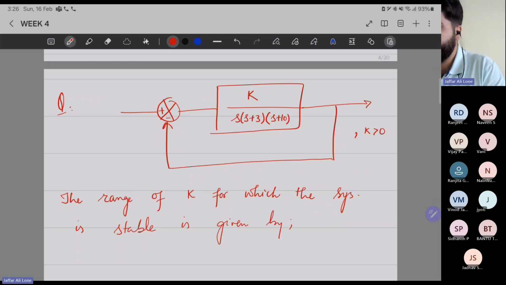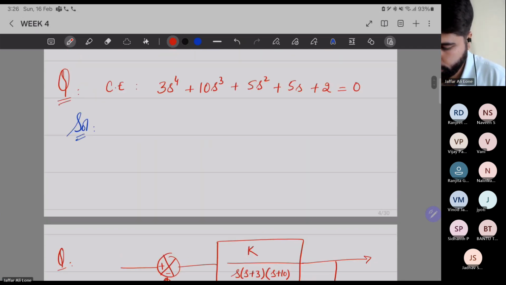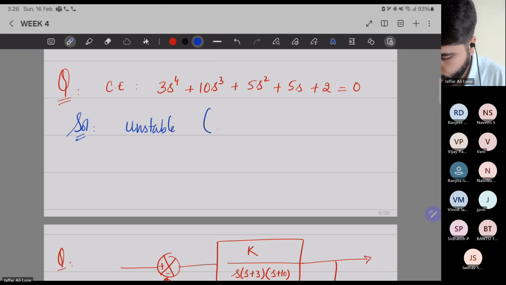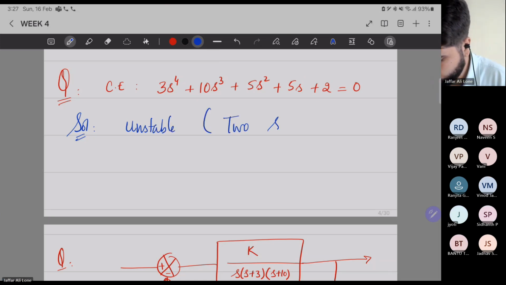Did everybody get that answer? Anyone who has confusion? So it's unstable, two sign changes.